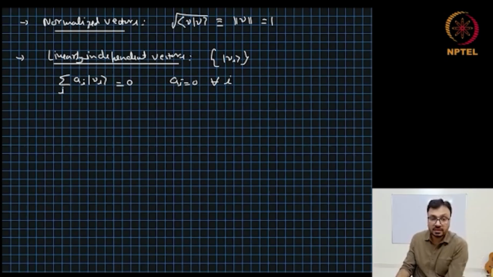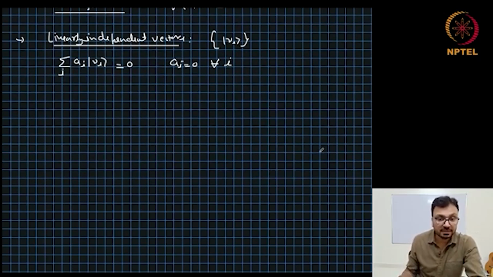Then only we call this set of vectors as linearly independent. What does that mean? Let us say there exists a solution where not all ai's are 0, and we get this. We can satisfy this equation by taking a set of ai's such that not all of them are 0.